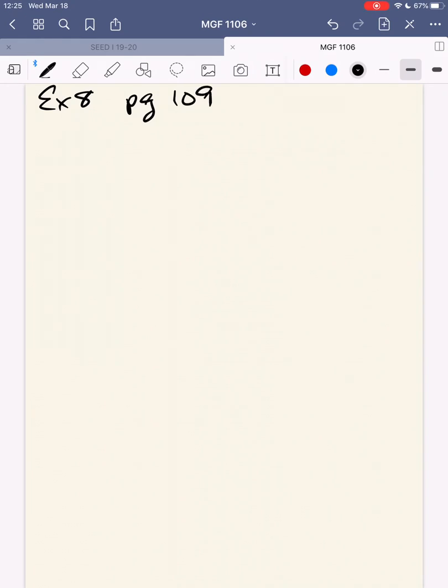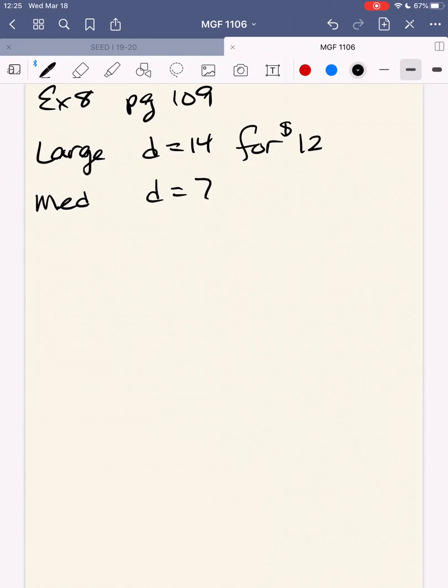And I want which of the following is a better way to buy a large pizza with a 14-inch diameter for $12, or a medium pizza with a 7-inch diameter for $5.